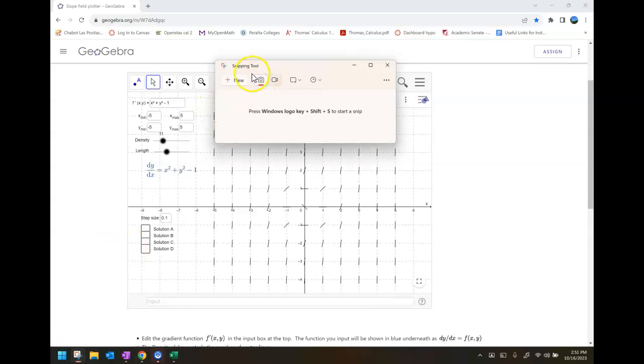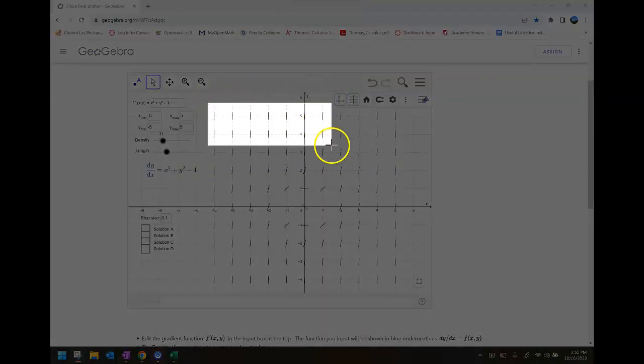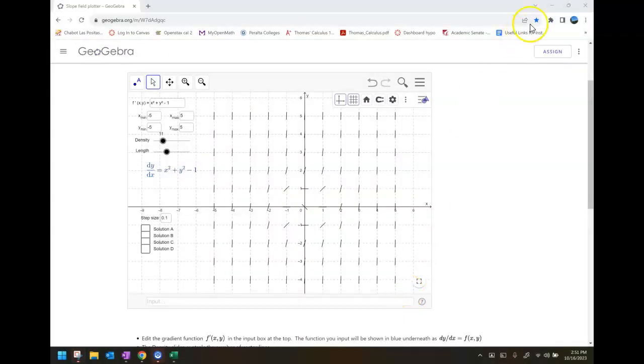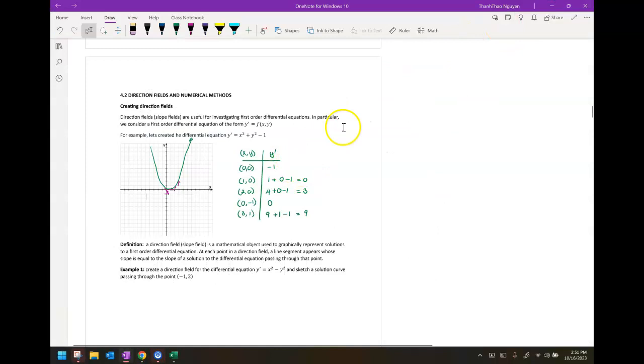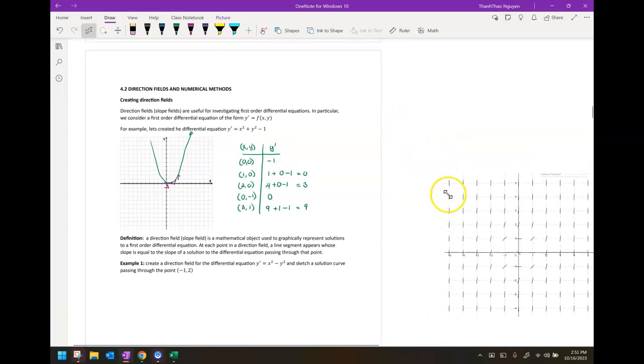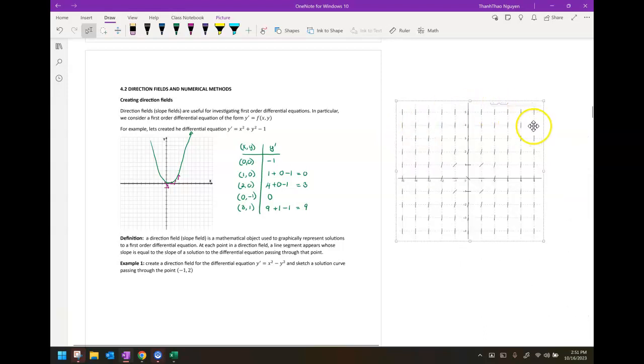So let's go ahead and put this directional field onto our paper. Let's talk about that a little more.